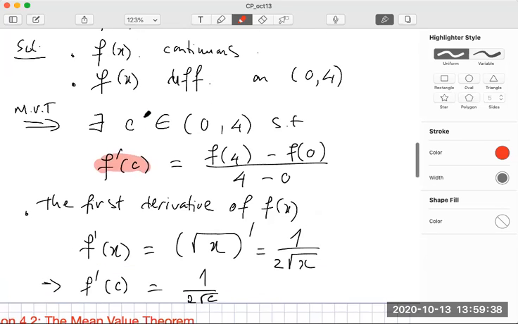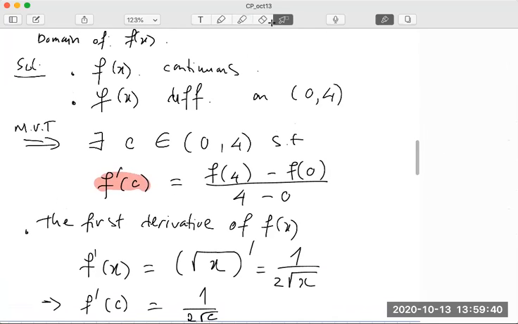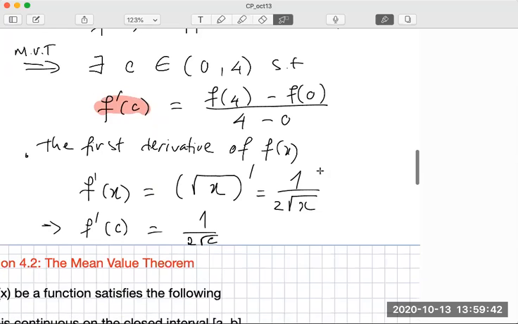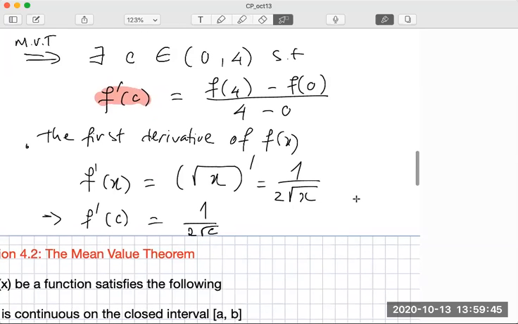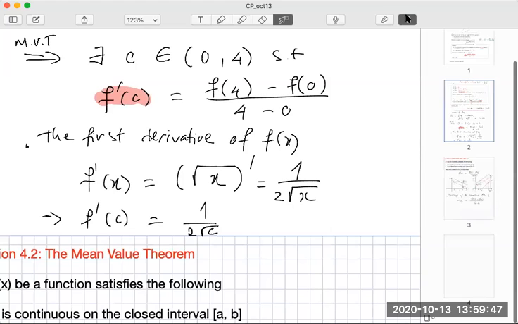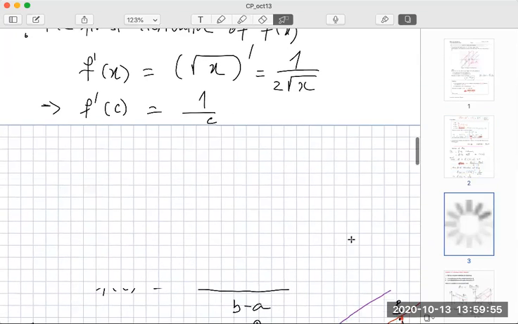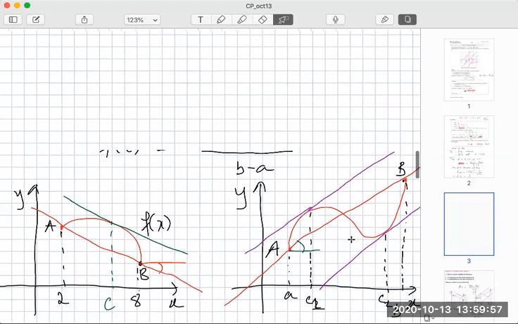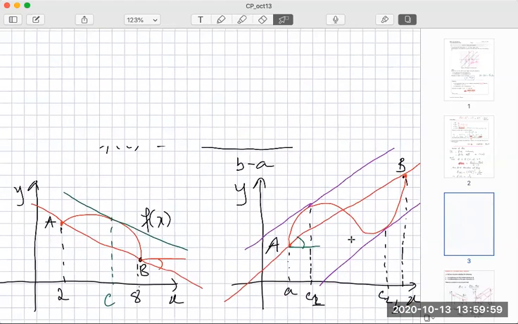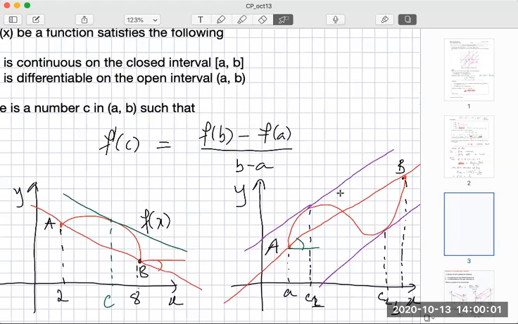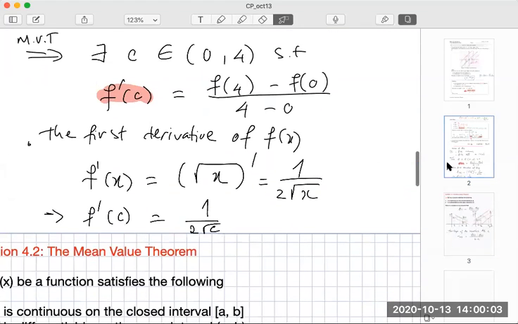Okay, let us continue. Ah, I see. We have another way. We add one more page here. Very good. Interesting.